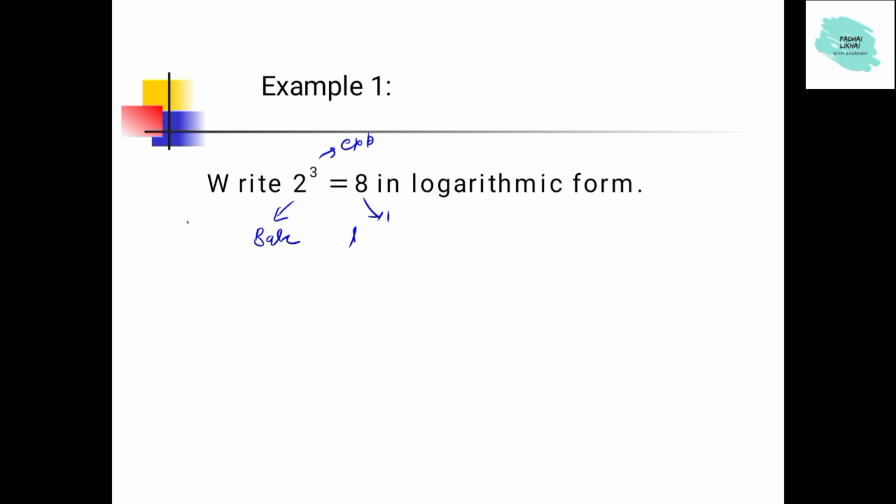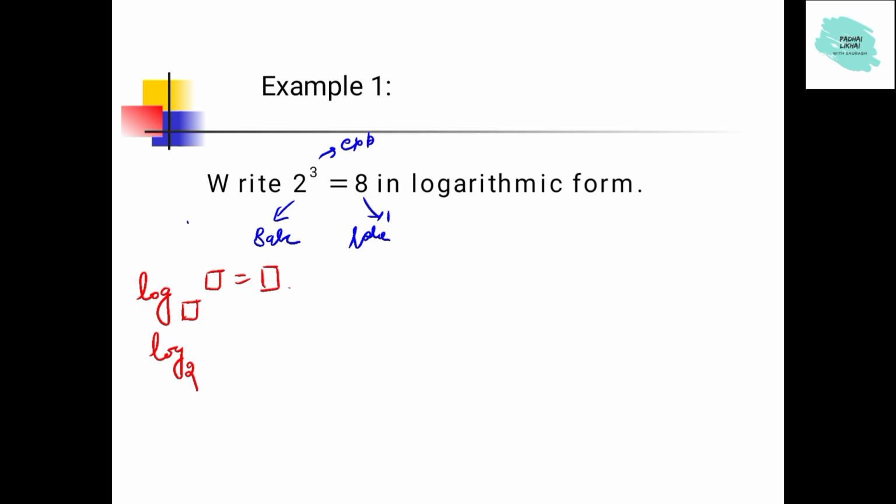The log form will be log, base here, value here, and exponent here. What is the base? Base is 2.